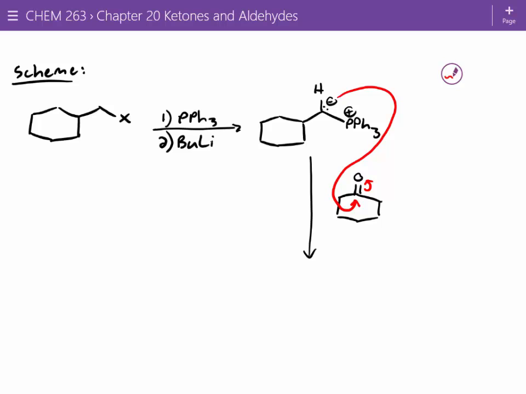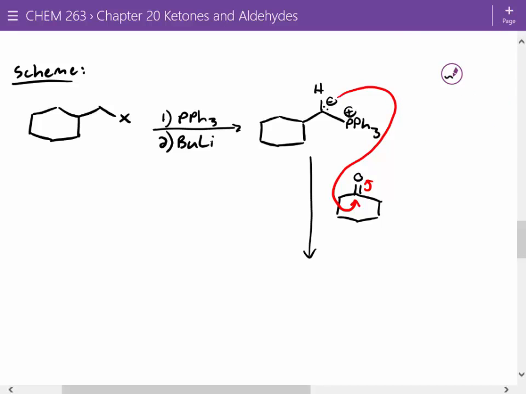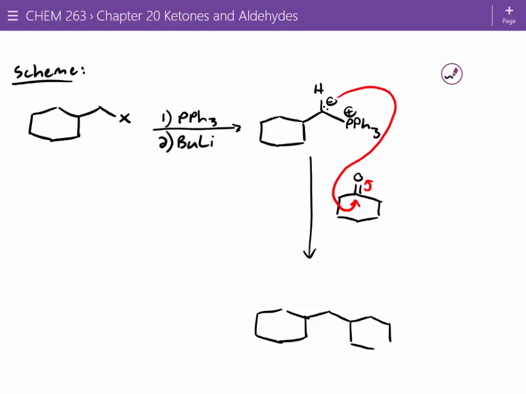So our carbon nucleophile can add into our ketone. So we've got PPh3 plus, and this hydrogen is sticking back.